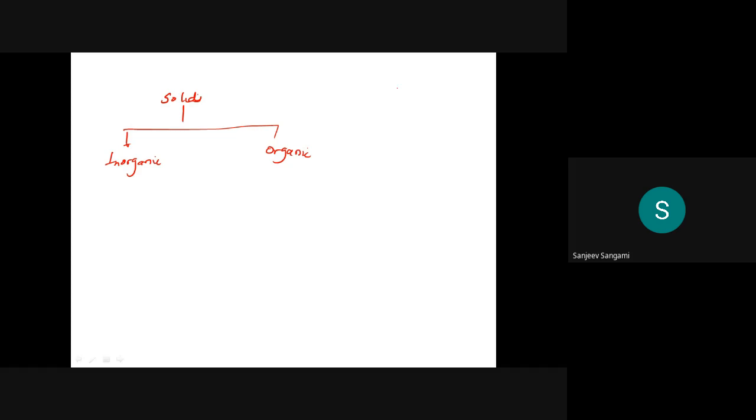Then one more type: biodegradable and non-biodegradable.